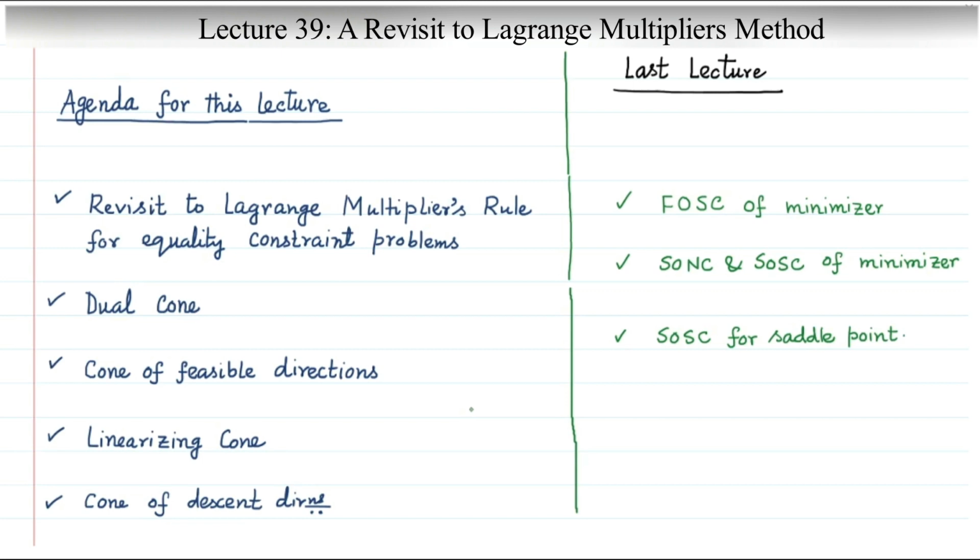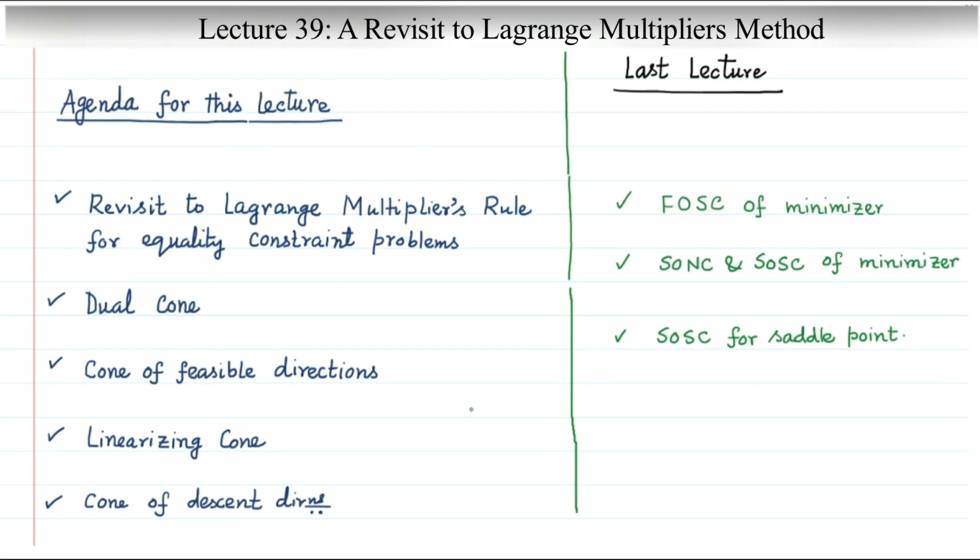After revisiting the Lagrange's multiplier rule, we will try to find a few geometric optimality conditions from which we will find the much awaited Karush-Kuhn-Tucker optimality condition for constraint optimization problems.